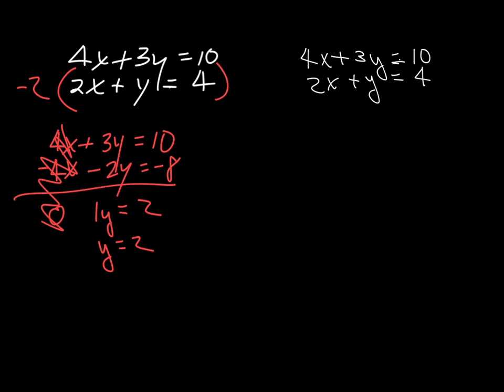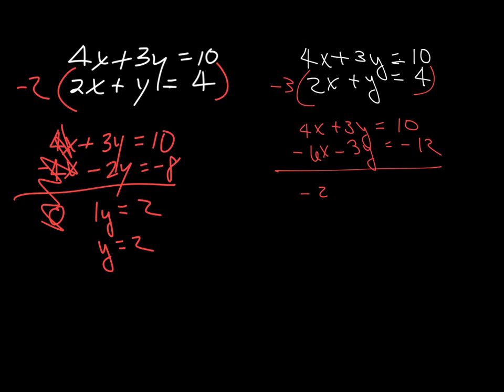In order for these two numbers to be the same, the top number is already a 3, so I'm good there, but I'm going to multiply the bottom by negative 3. And that gives me 4x plus 3y. The top is unchanged. And the bottom is negative 6x minus 3y equals negative 12.